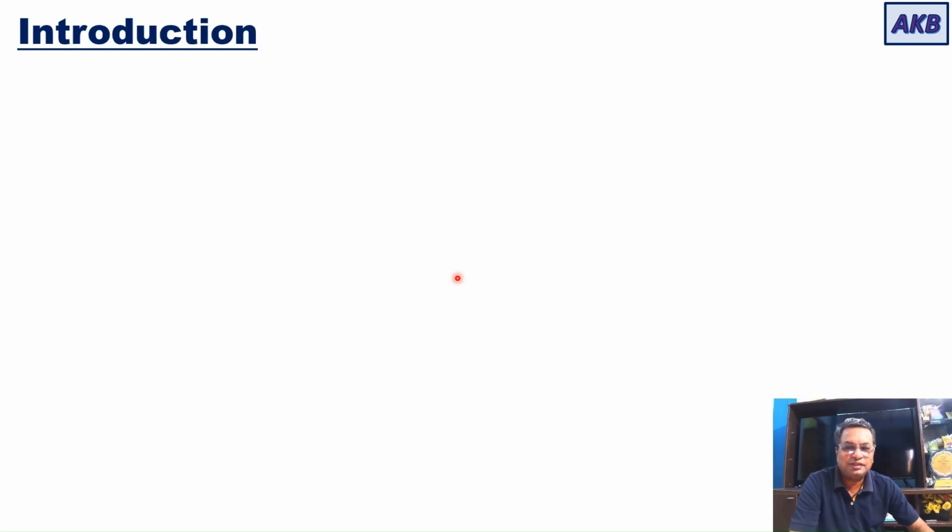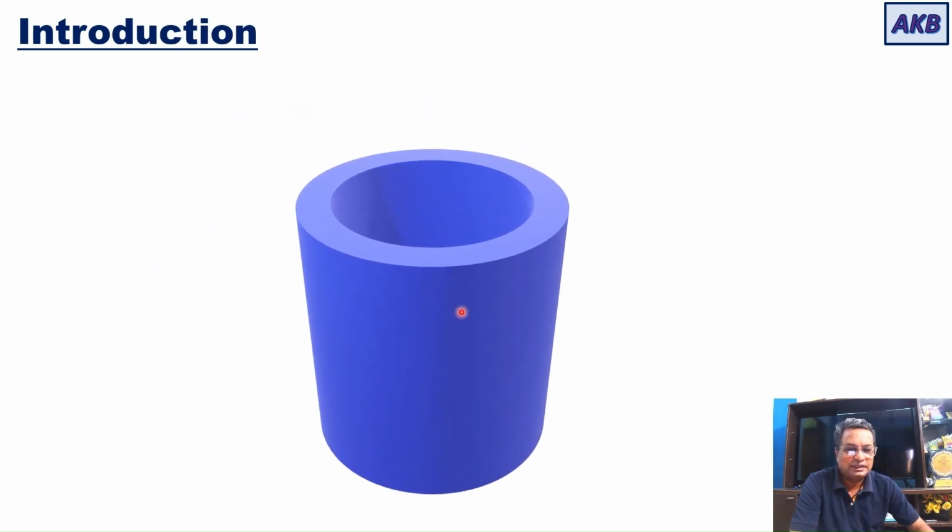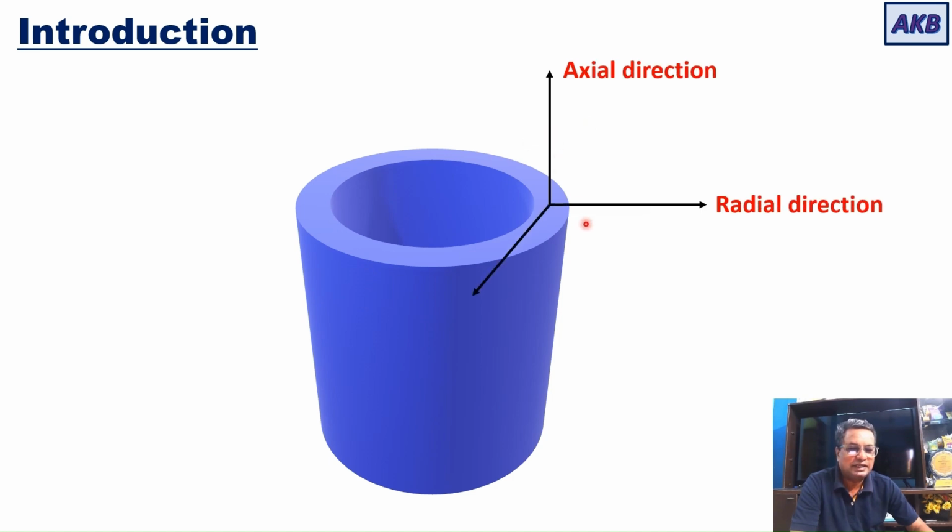So to begin with, let us look at a typical thin-walled cylindrical shell and the stress that gets induced in the wall of the shell. It has components in three directions: axial direction, then radial direction, and tangential direction.